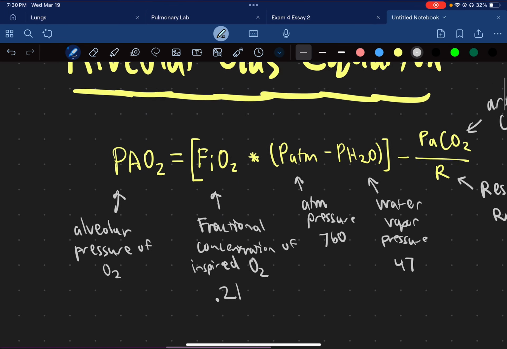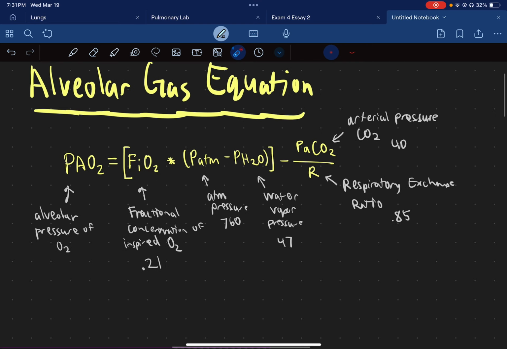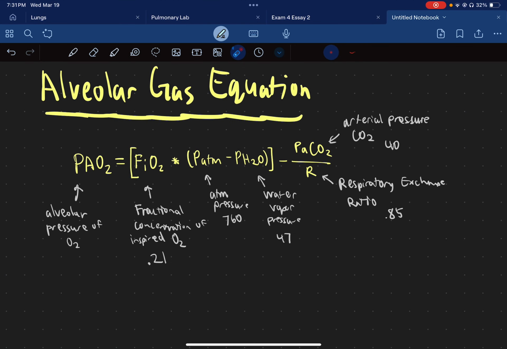Using all this, we should be able to calculate our PAO2, our alveolar pressure of oxygen, which should be identical to our arterial pressure of oxygen. And one of the things that we can use the alveolar gas equation for is to find that oxygen pressure in both the alveolus and the arterioles.